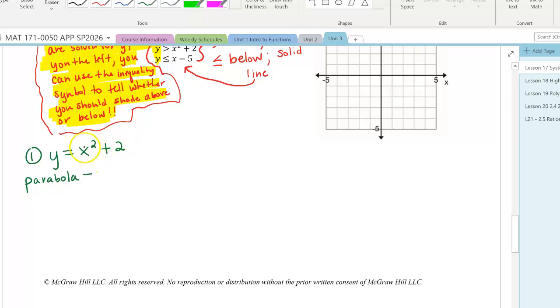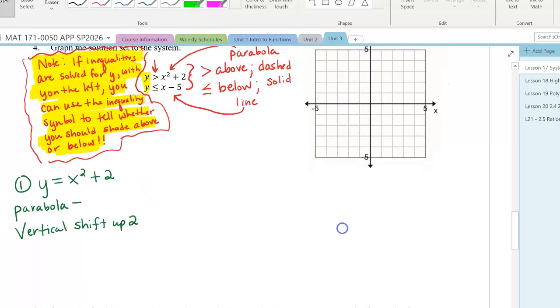This plus 2 is not in there being squared with x, so that means that's a vertical transformation, and it's a plus 2, so it's a vertical shift up 2. Now that just tells us where the vertex is. Remember, the parent graph would be here, and the vertex shifts up 2.